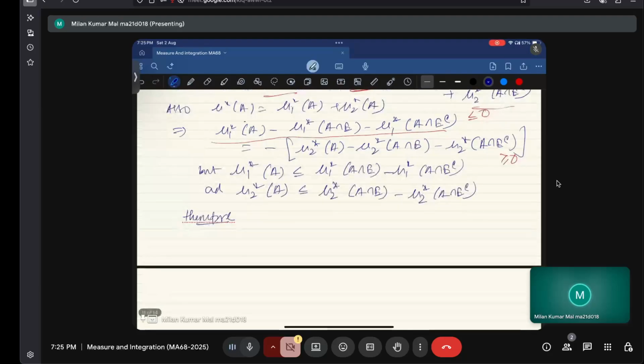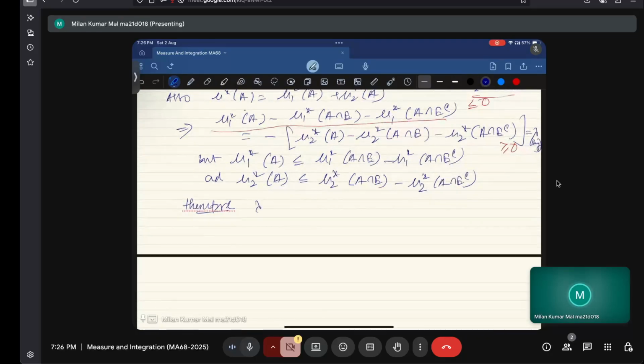If I take that to be lambda, then lambda is equal to these two terms. So lambda equals 0.